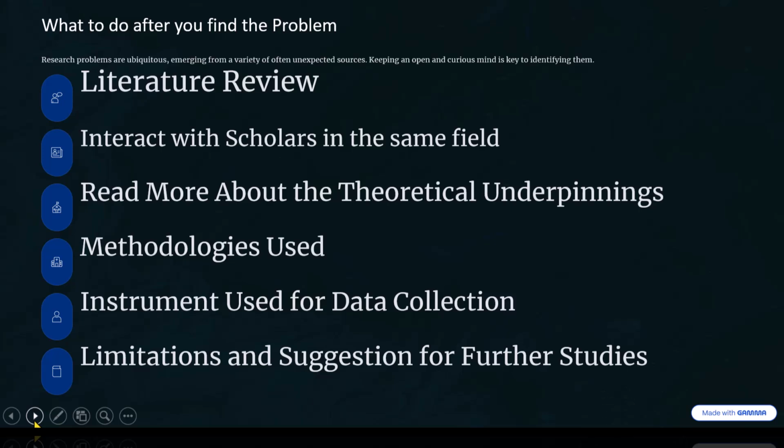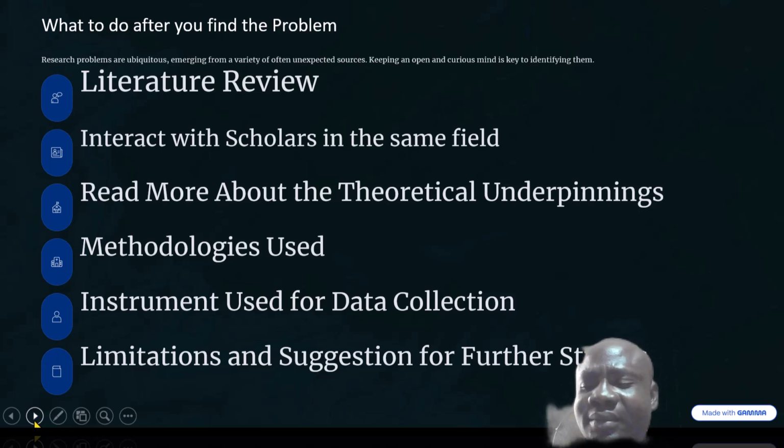So, what I want to note is that the best way to find a problem is, number one, to carry out a literature review. You can do an extensive literature review so as to see the problem that is existing.